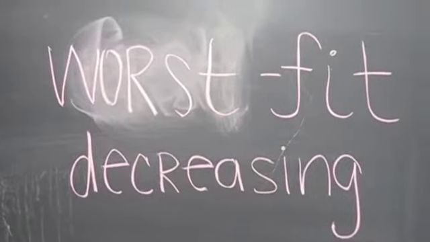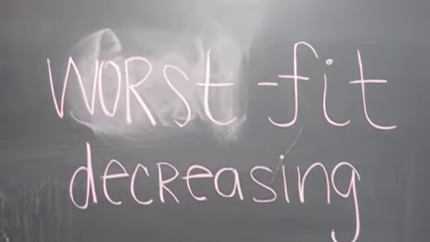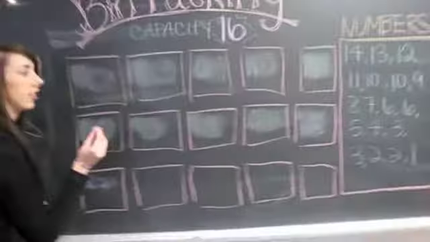Worst fit decreasing. Worst fit decreasing is just like worst fit, but the numbers are in greatest to least order.